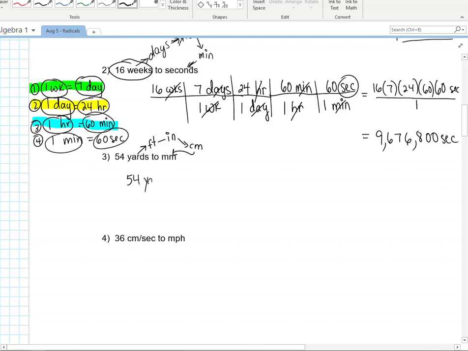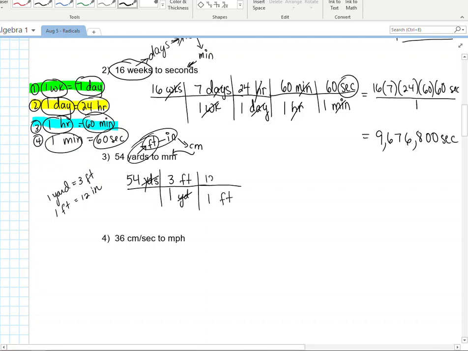54 yards. Everybody remembers 1 yard is how many feet? Correct, 3 feet. So 1 yard, 3 feet. I place the yard on the bottom so that they cancel. Now feet, so we did this. Now we have to do feet to inches. 1 foot is 12 inches. The feet cancel.